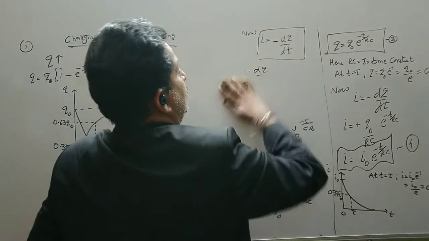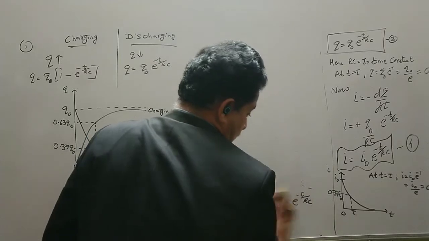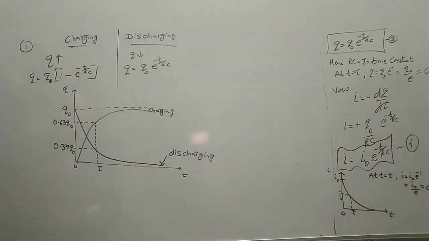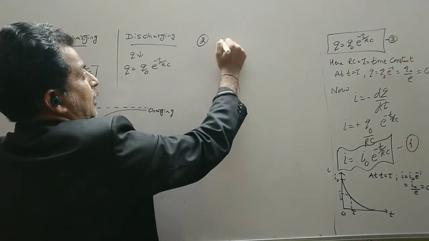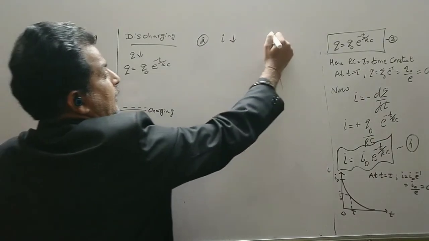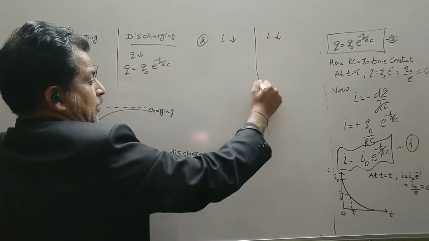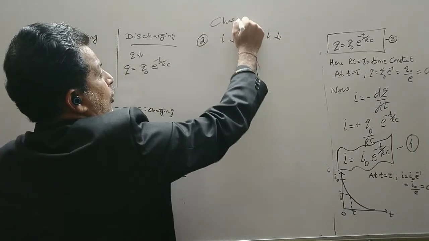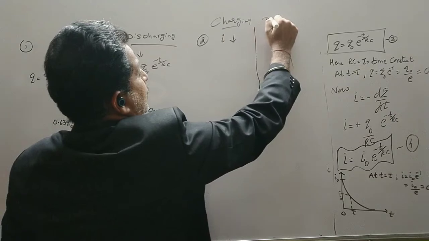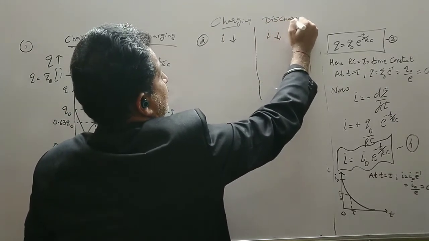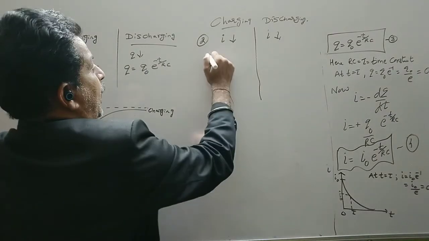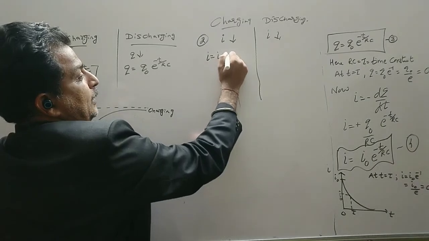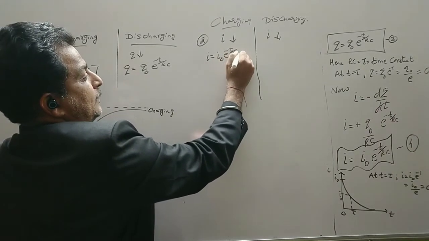The charge is increasing and the charge is decreasing. Then about the current. Current in both the cases decreases, whether it is charging or discharging. In both the cases, the current is decreasing, and the formula is I is equal to I naught e raised to minus t upon RC.